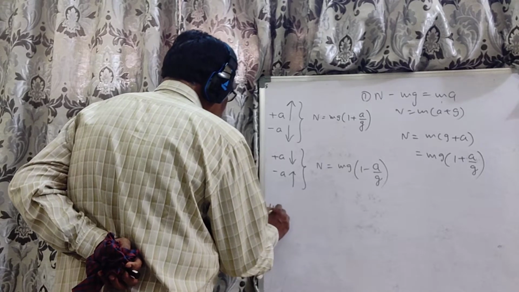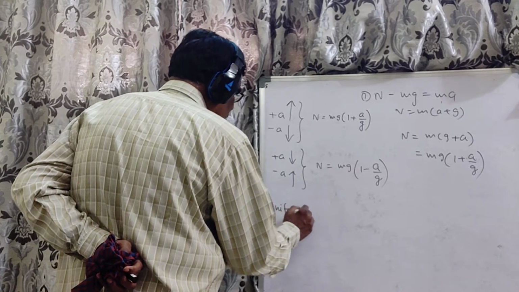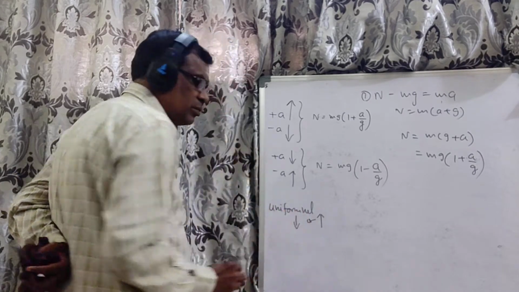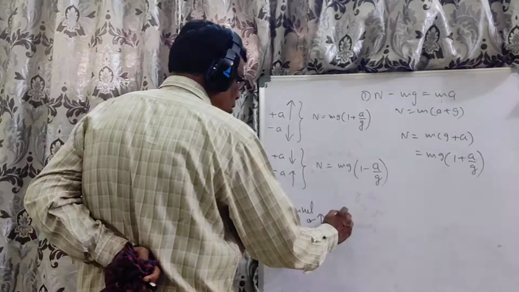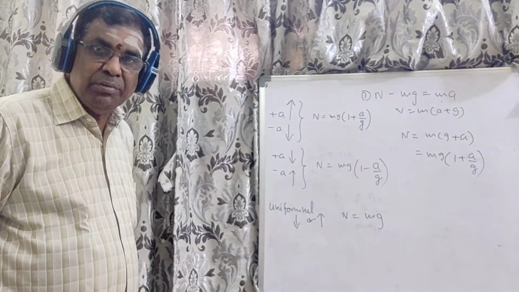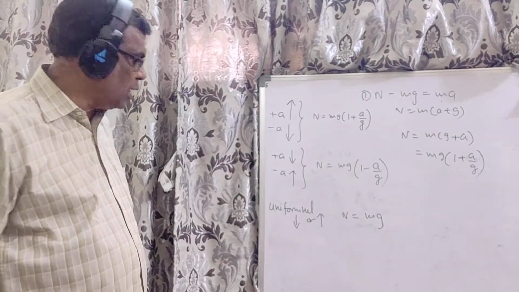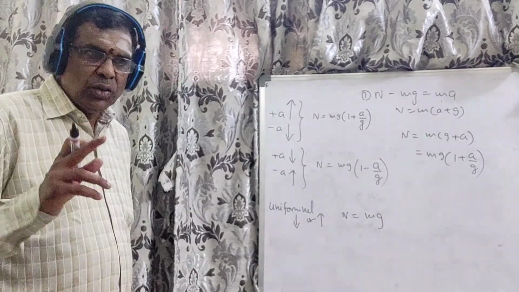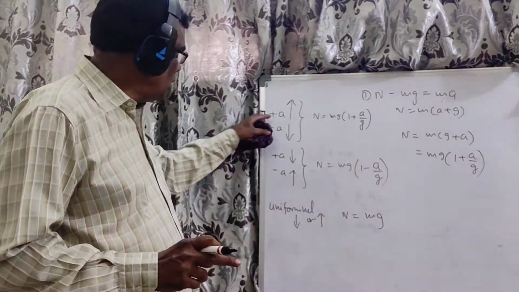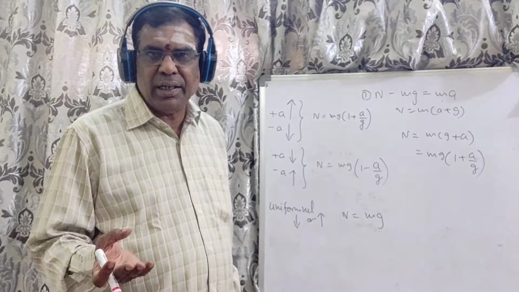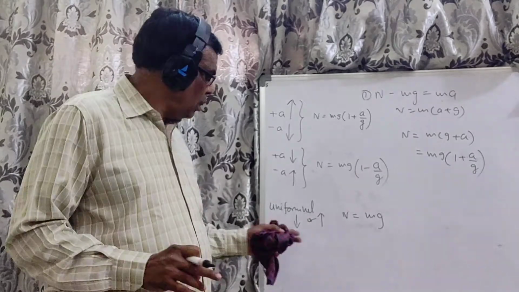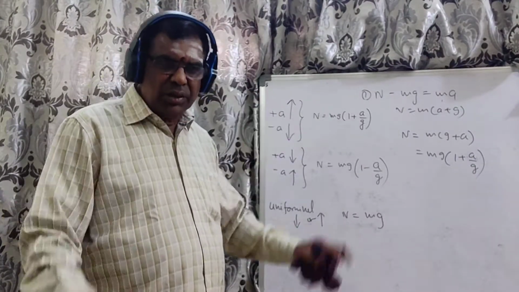Now, uniform velocity, up or down: there is no change in N. You will get only mg. N becomes mg only. So whenever they say accelerating up or down, always look at whether it is accelerating up or retarding up, accelerating down or retarding down, or stationary, or whether it is moving with uniform velocity.